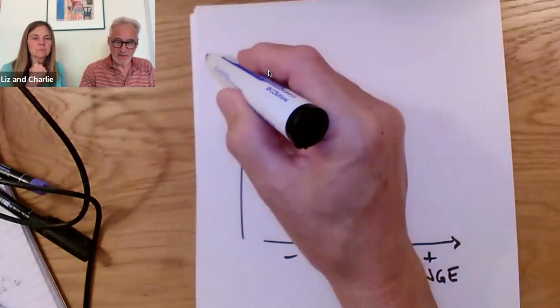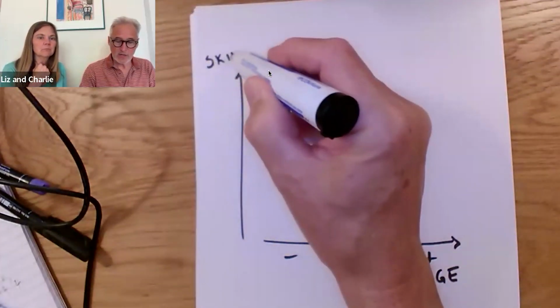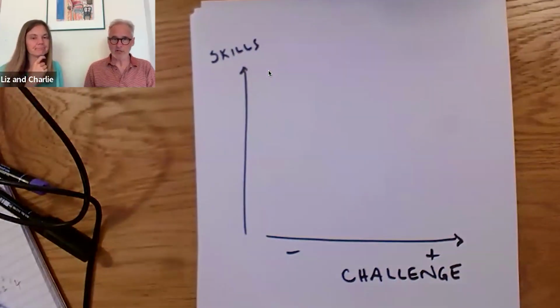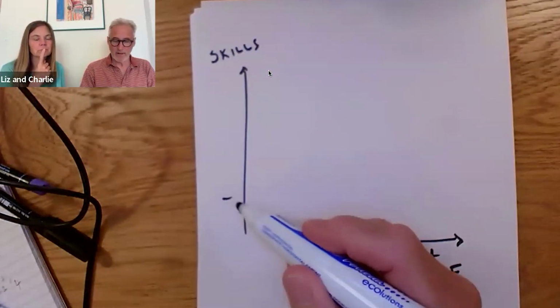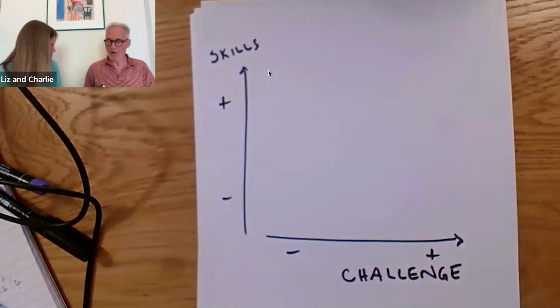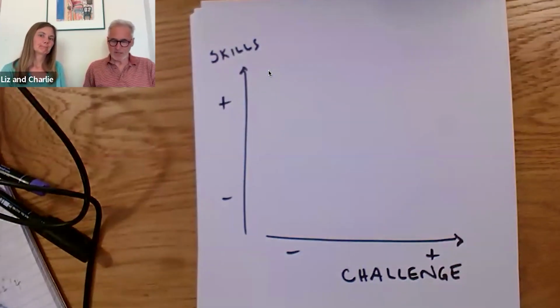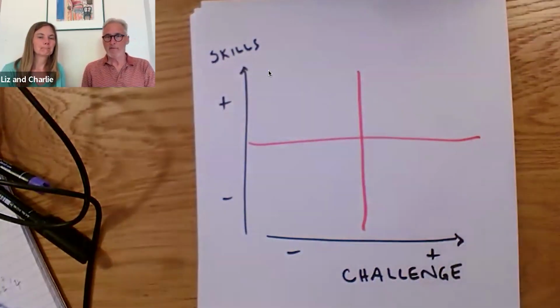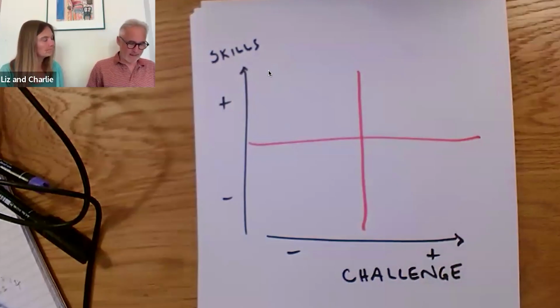And the skills required to engage with whatever problem we're giving our students. And again, less there and a lot there. And so we can imagine splitting up this chart into 4 cells, 4 quarters.